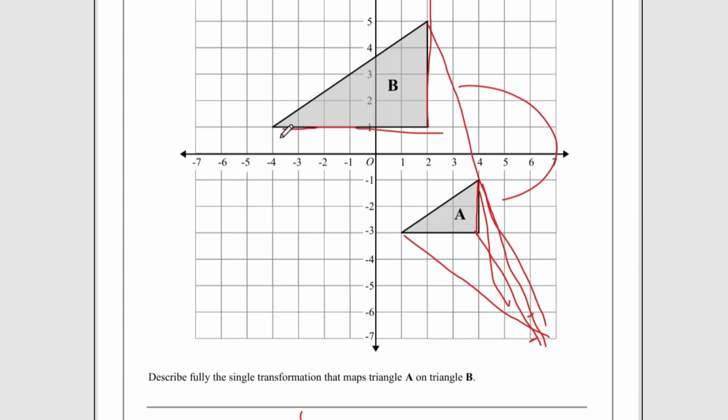Take note. So they all meet up at that point, and the center is going to be 6, -7. I'll just put them here. Don't forget that this is an enlargement by a scale factor of 2.